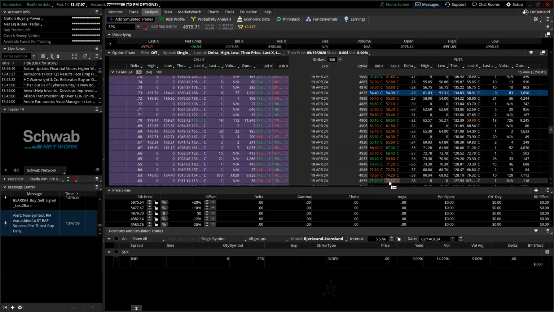Then I would look at using ES, but the problem with the strikes kind of makes me shy away from it. And also, I don't need to look at ES options because I don't rely on span margin for leverage here, right?